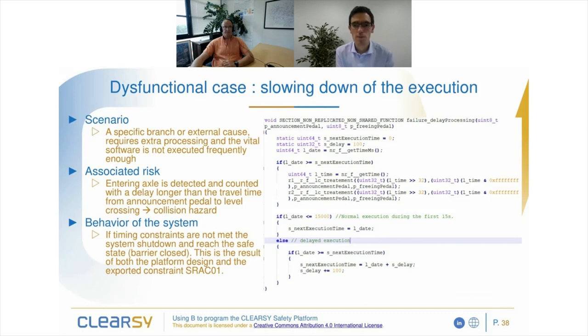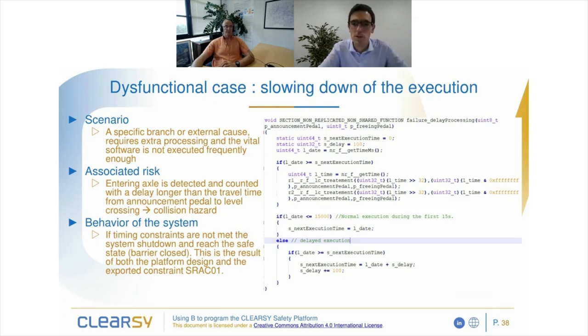So the behavior of the system in this case is to shut down because you don't meet the timing and you don't comply with the assertion that we have seen before. And in order to simulate the delay in processing, we have written this small function, which is called during the first 15 seconds, 15 for the same reason as before, to have enough time to go after the inhibition period of the startup.